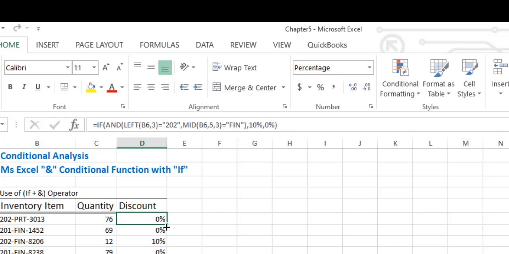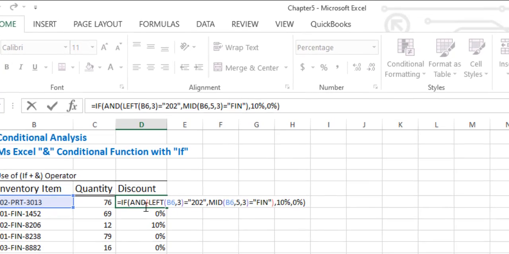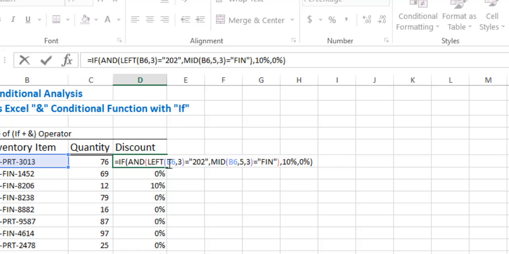The formula is IF and LEFT. We use the LEFT command, B6, 3, because this is B6, and the comma 3 means the first three characters from the left side.